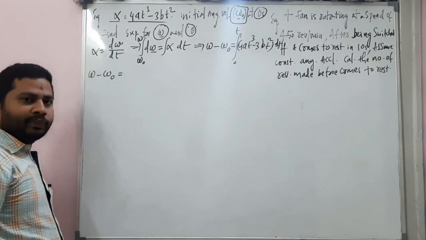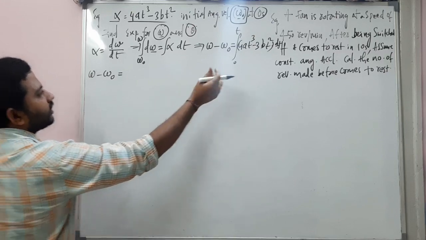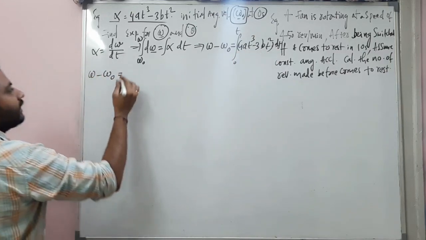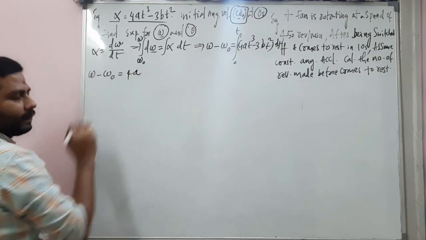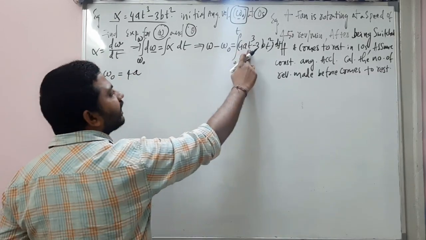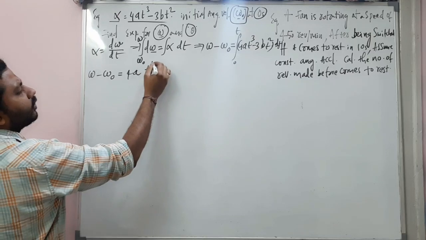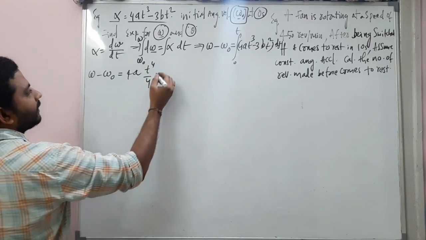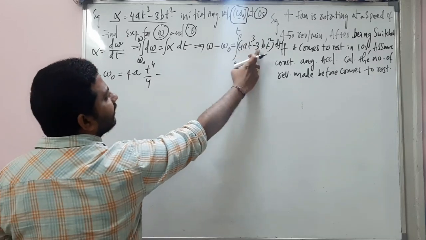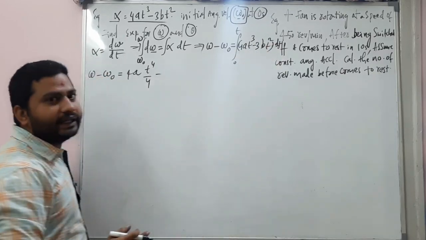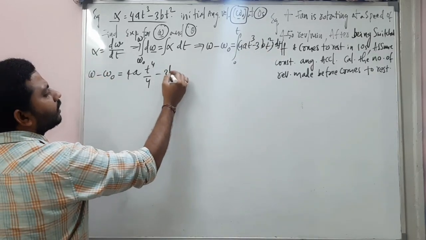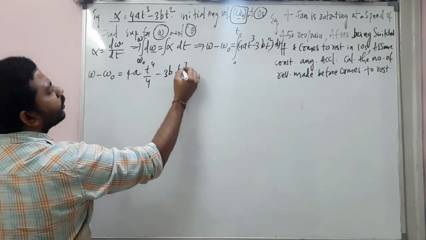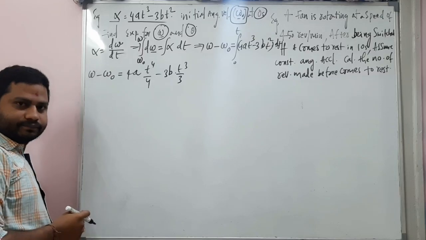The integral of 4at cube dt: 4a comes out, integral of t cube dt is t to the power 4 by 4, minus the integral of 3bt square dt: 3b comes out, integral of t square dt is t cube by 3.